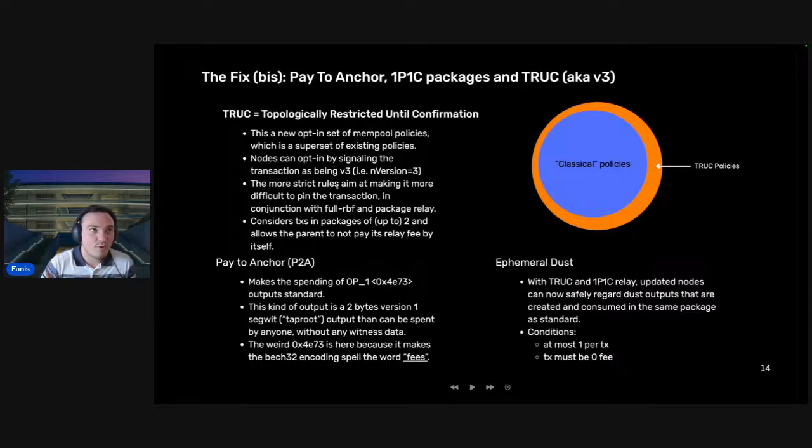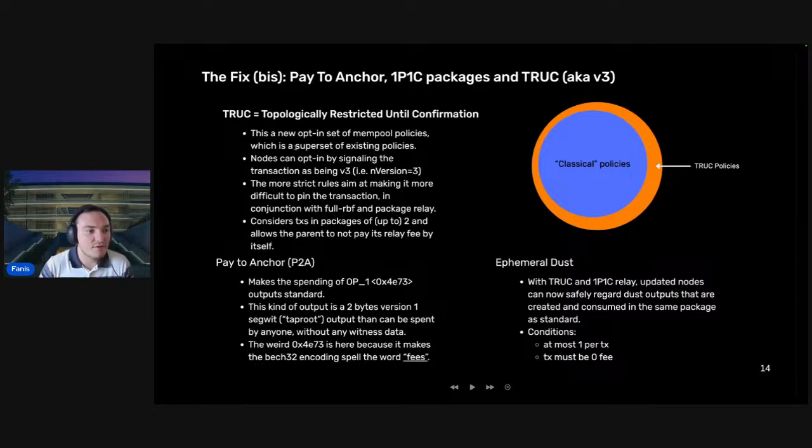And so when you create a transaction, you have to explicitly signal that your transaction is following this superset of mempool policies, and you do so by writing in your transaction that the version is equal to 3. So you have a special bit in your transaction and you set it to 3, basically.